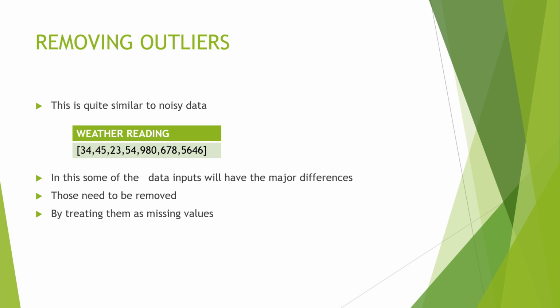Previously we discussed how to treat missing values, like taking a mean value or filling with random values which are quite similar to the actual values. In that way we can treat this scenario in order to get smooth data. So that is about removing outliers.